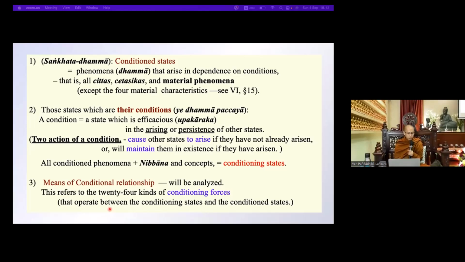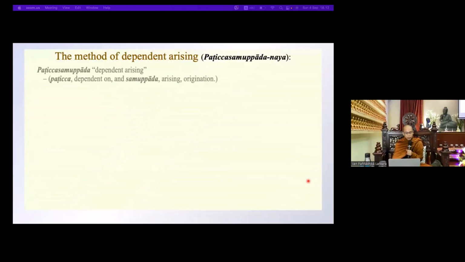That force is called Paccaya Sati. Only in the Patthananaya is it mentioned. In the Paticcasamuppadanaya, those forces are not mentioned. This is the first difference, and we will see more differences between the two methods.